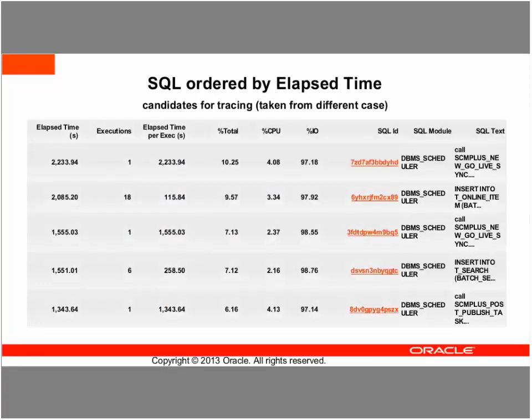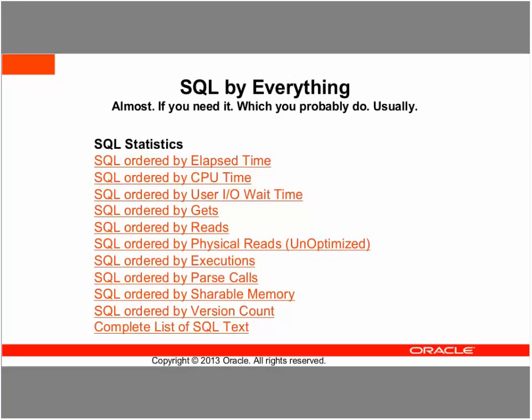I'm going to back up again and mention one more thing. You would look at elapsed time to see which SQL has the most elapsed time, but depending upon your particular wait event, if it was, say, DB file sequential read, an I/O event, you would skip CPU time. You might go straight to user I/O wait time and look at the top SQL there, and you would expect your worst SQL to be in both elapsed time and I/O wait time, the same SQL IDs in each, and on gets and reads and so forth as well.